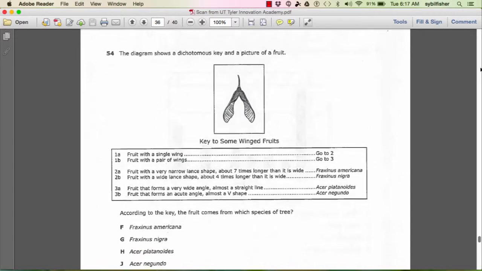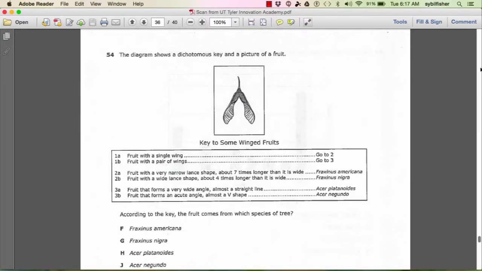Number 54. The diagram shows a dichotomous key and a picture of a fruit.